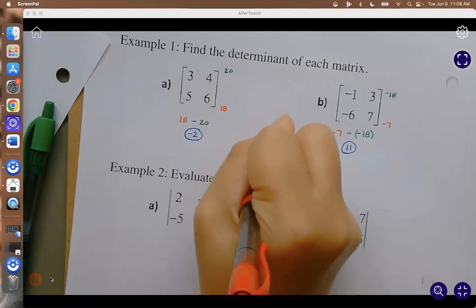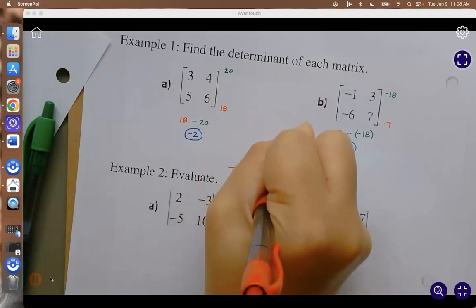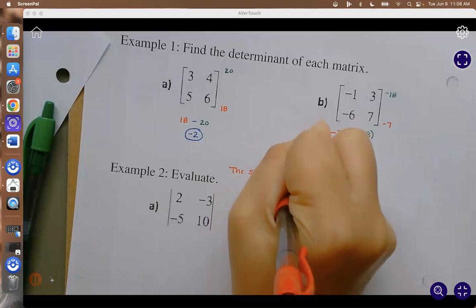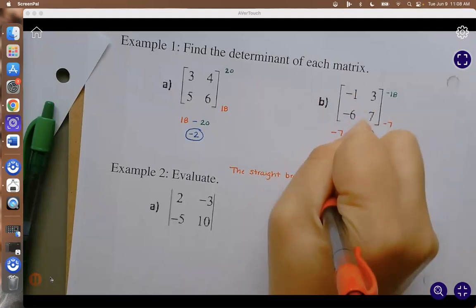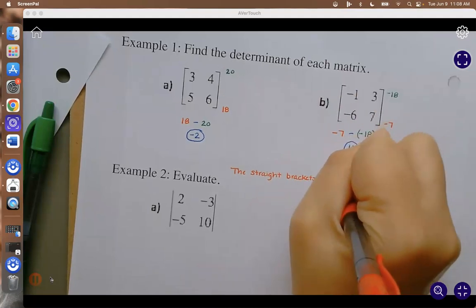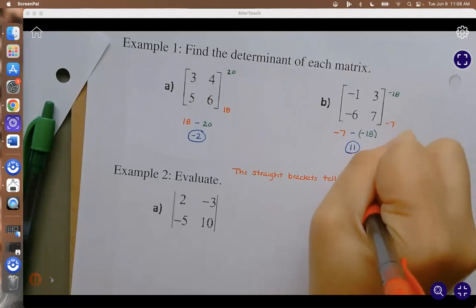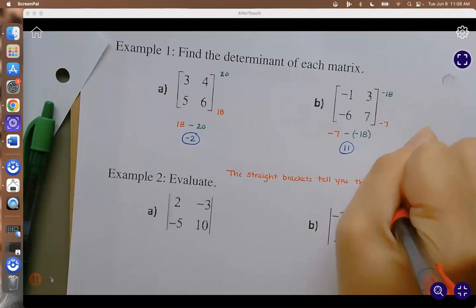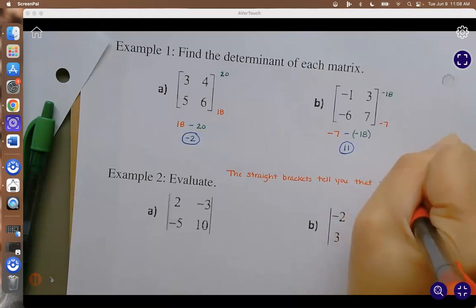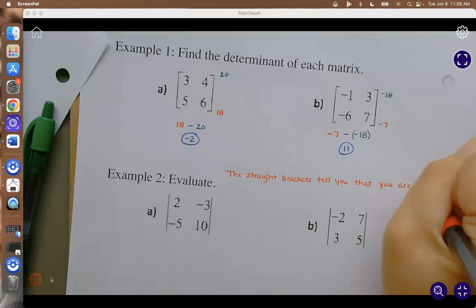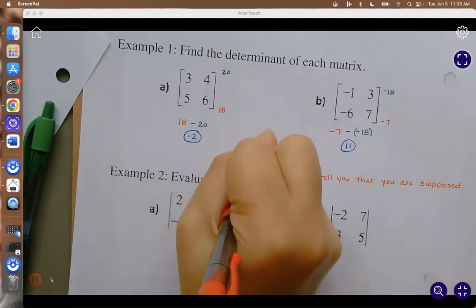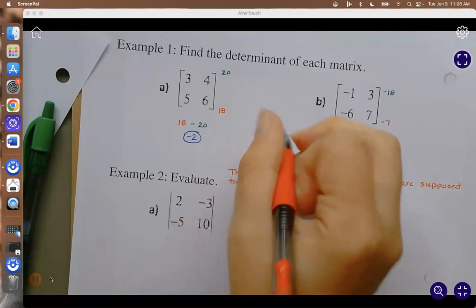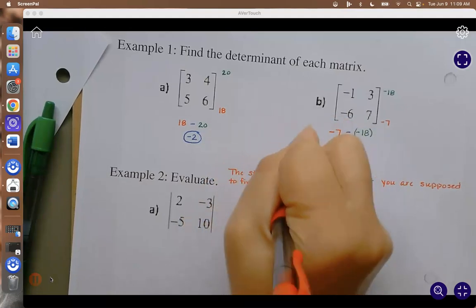The straight brackets tell you that you are supposed to find the determinant.